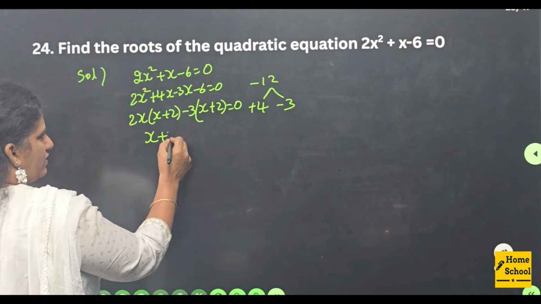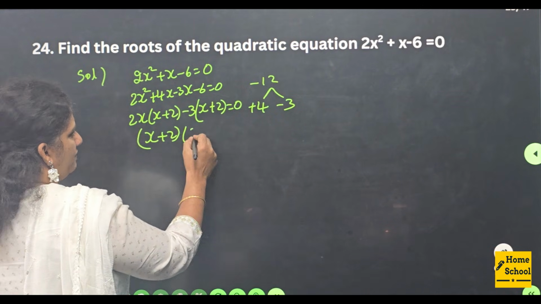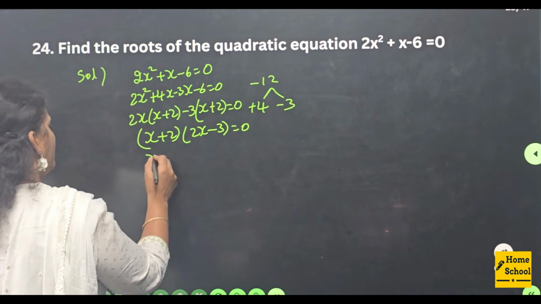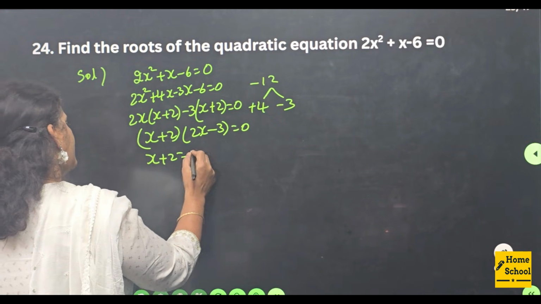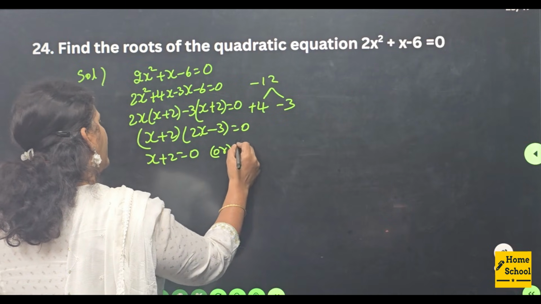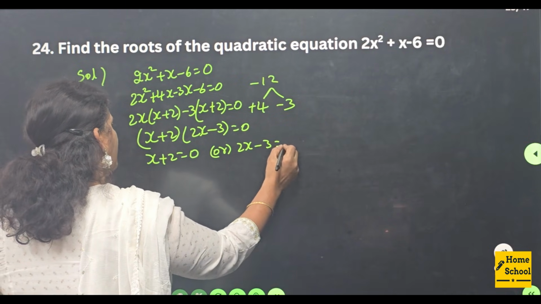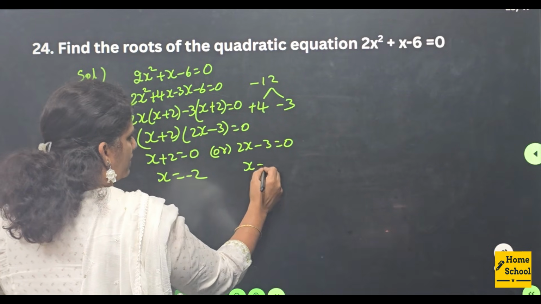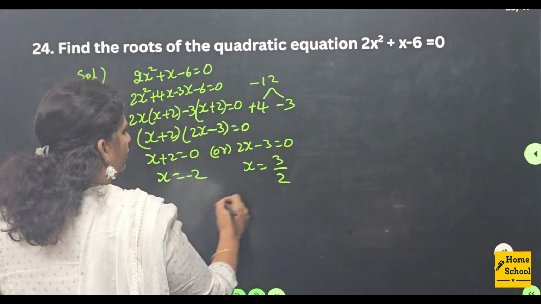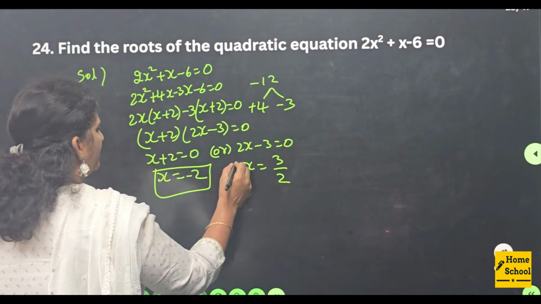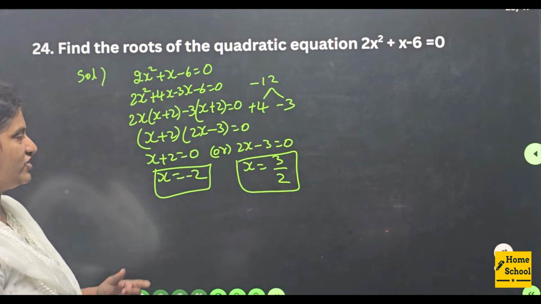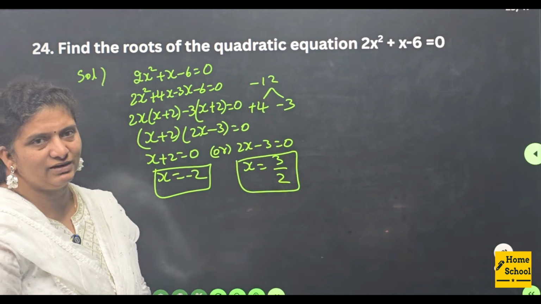Now among these two again, x plus 2 is common. 2x minus 3 equal to 0. x plus 2 equal to 0 or 2x minus 3 equal to 0. x is equal to minus 2 or x is equal to 3 by 2. Therefore, what are the two roots here, children? Therefore, the roots of the quadratic equation are minus 2 and 3 by 2.